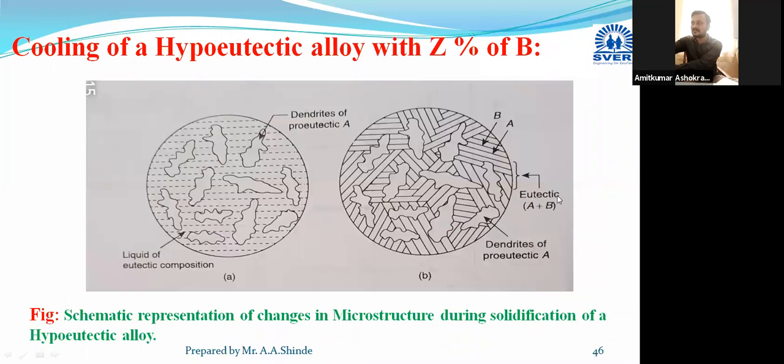Eutectic is nothing but both elements A and B with different layers or different morphologies. This type of microstructure will be there in region 2 to 3, and this type in region 3 to 4. So this is the schematic representation of the solidification of the alloy.